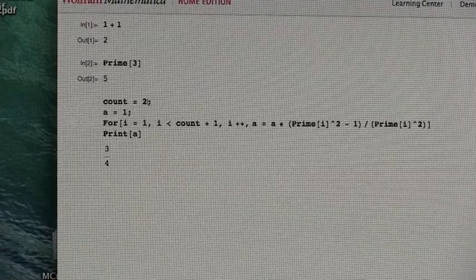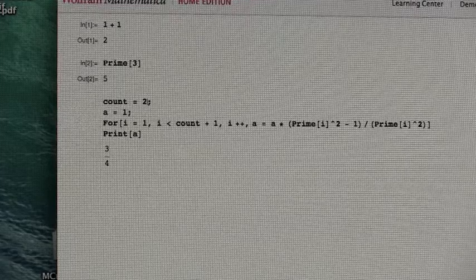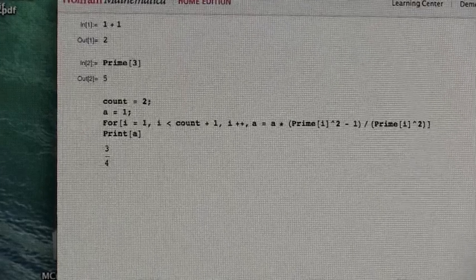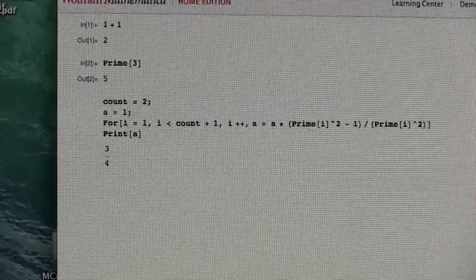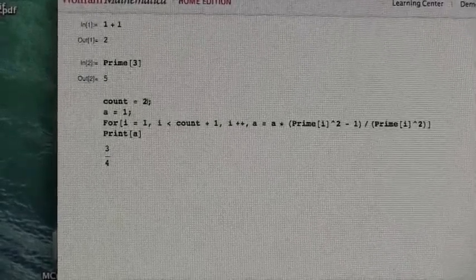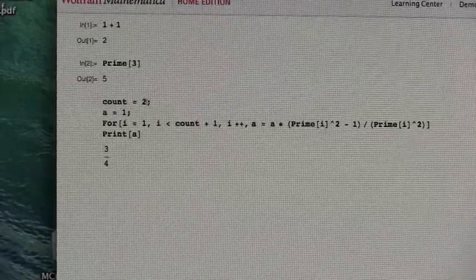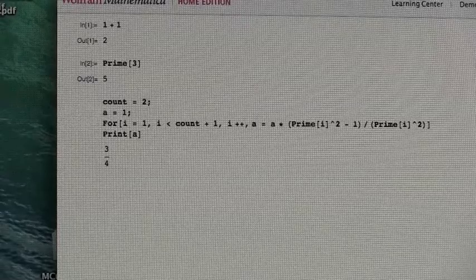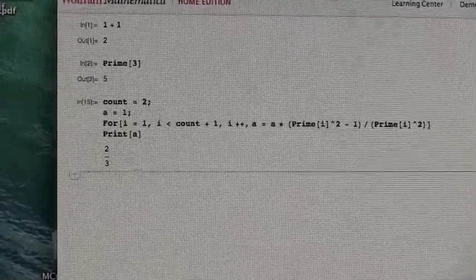Well, actually, first we could cancel some stuff. 3/4 times 8/9. We can cancel a 3 and a 9, and we can cancel the 4 with the 8. Which leaves us with 2/3, which is exactly what we get.